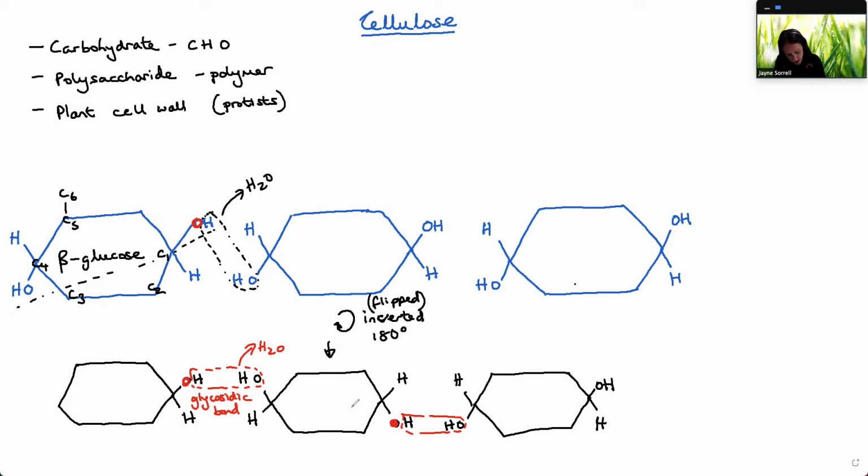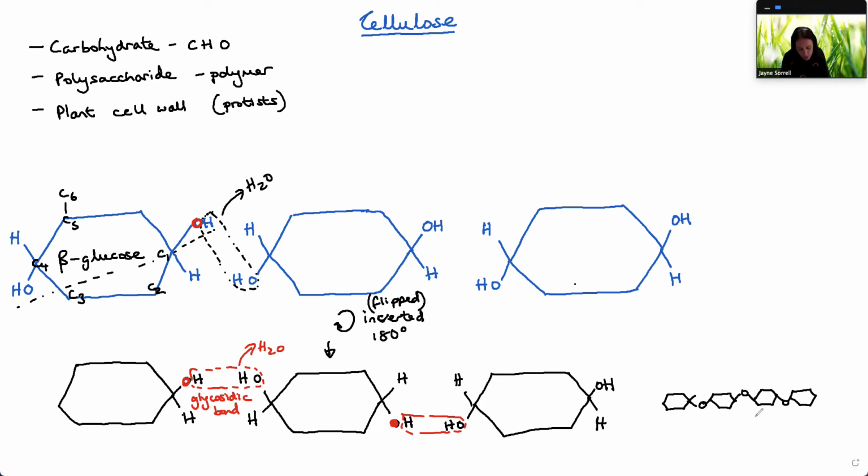If we were to look at that molecule from a distance, what we're going to see is a bond at the bottom there, and then we'll get a bond at the top, like that, and then a bond at the bottom, and so on.